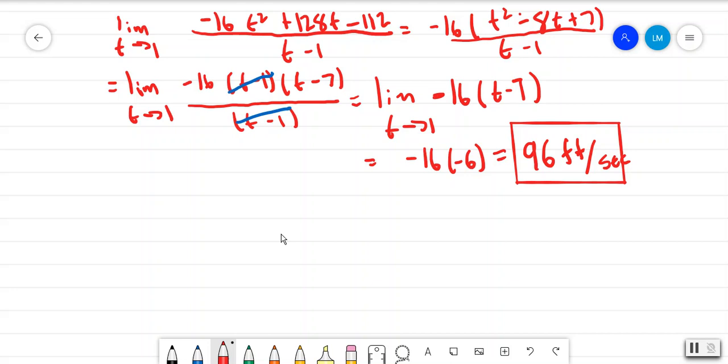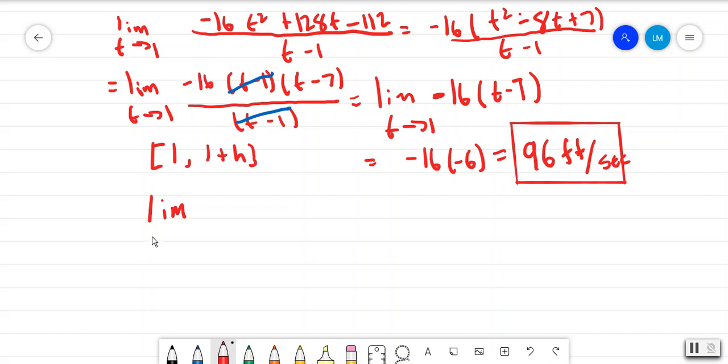Now, one thing we could have done instead is set up our equation as follows. Since t was moving in increments very close to 1, I can think of it like this: what if I said from 1 to 1 plus h?